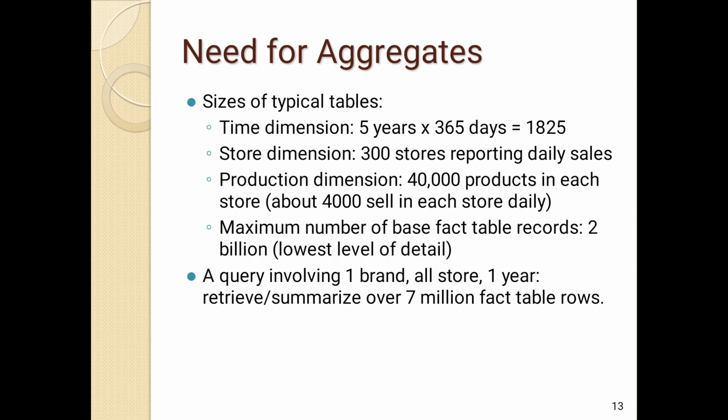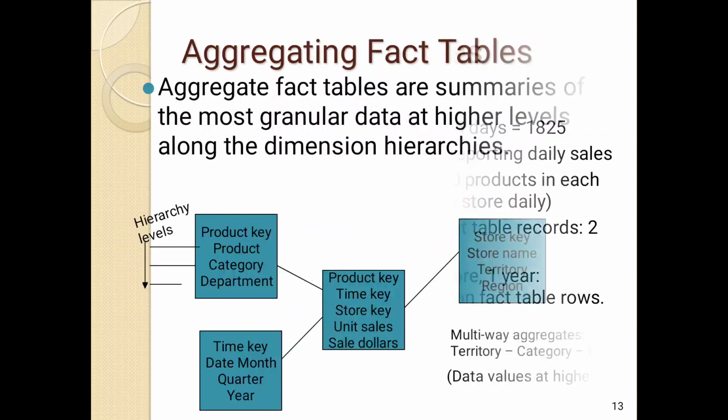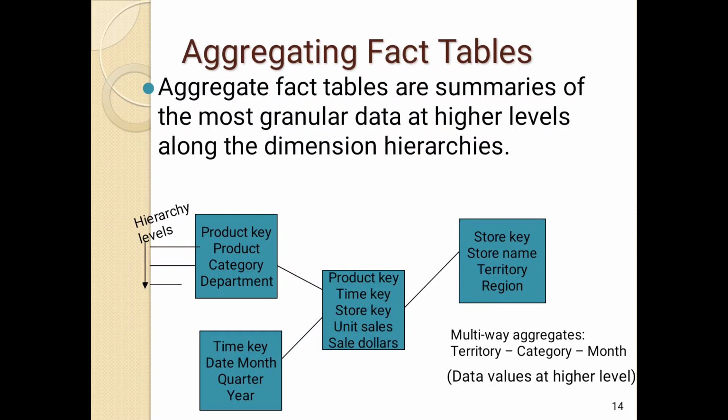A query involving one brand in all stores for 1 year could summarize over 7 billion fact table rows. It's not columns; fact table rows means each and every record of your product. Aggregate fact tables are summaries of the most granular data at higher levels along the dimensional hierarchy.